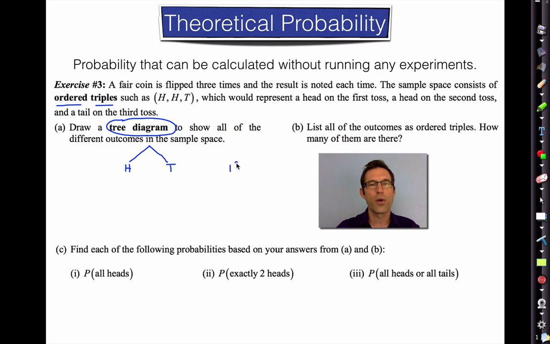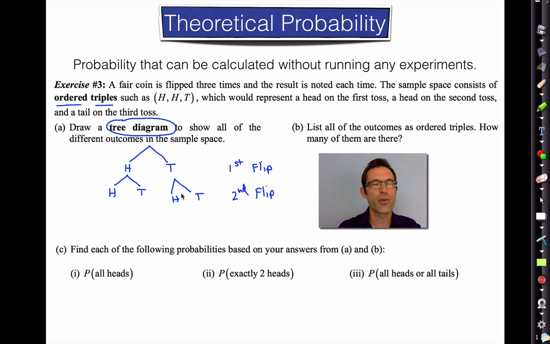That's my first flip. Let's say I got a head on that first flip. Then I would flip the coin again, and I could get a head or a tail. That's my second flip. I would do the same thing if I got a tail on my first flip: I could flip again and get a head or a tail.